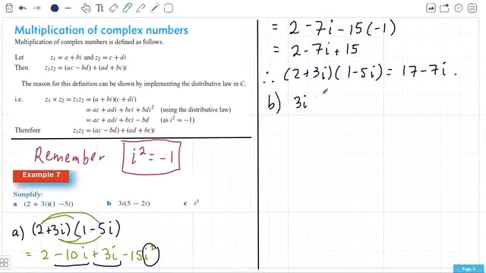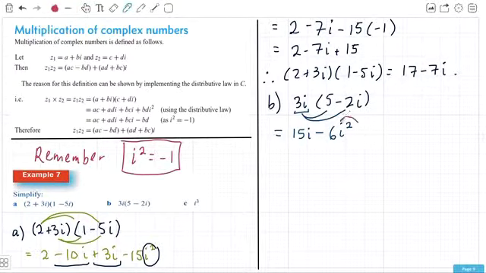We've got 3i out the front of 5 minus 2i. Again, we're just going to take that thing that's out the front and multiply it through. So we're going to have 3 times 5, which is 15i, minus 2 times 3, which is 6, and you've got two i's here, so this will become an i squared. Remember that with this you want to replace your i squared with a -1.